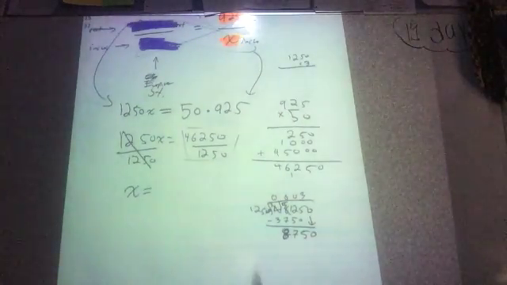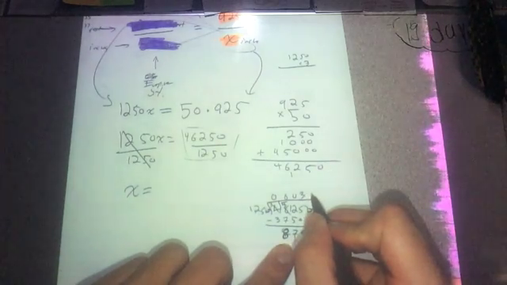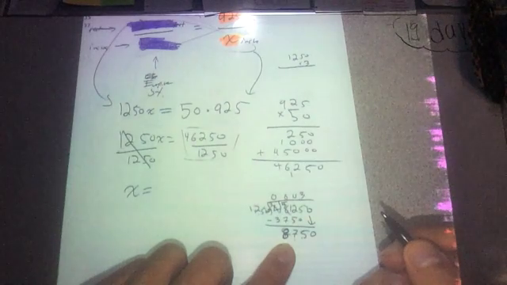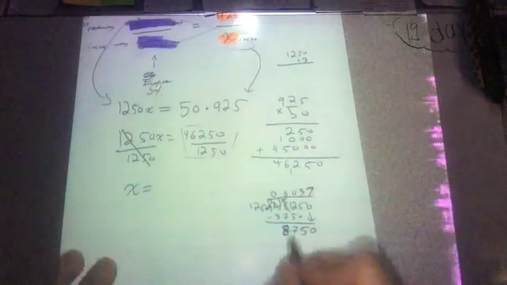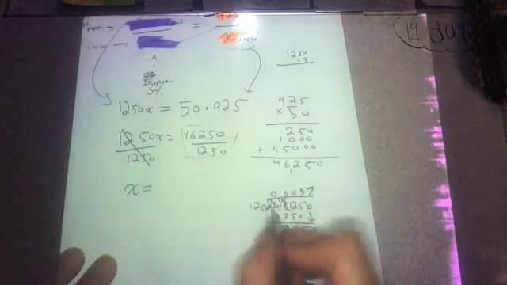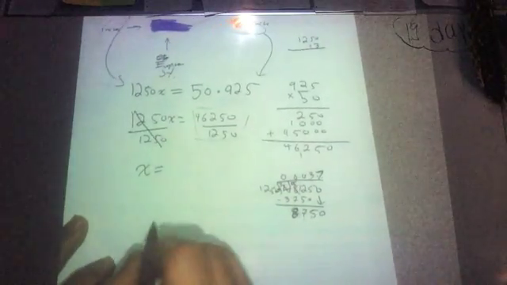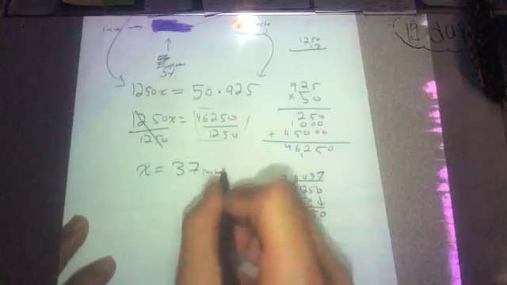Bring down the 0, and I happen to know that 1250 goes into 8750 7 times. You could do this division, and we could multiply 1250 times 7 to get 8750. So the answer is going to be 37 inches.